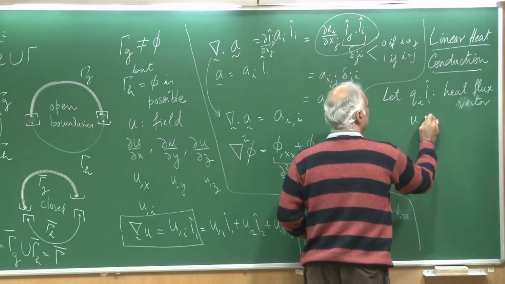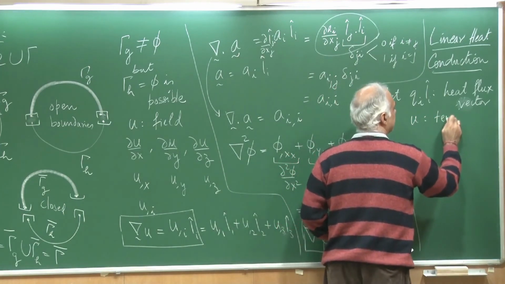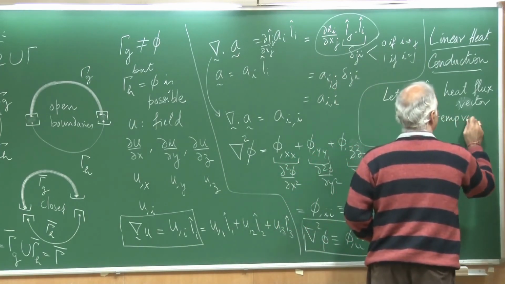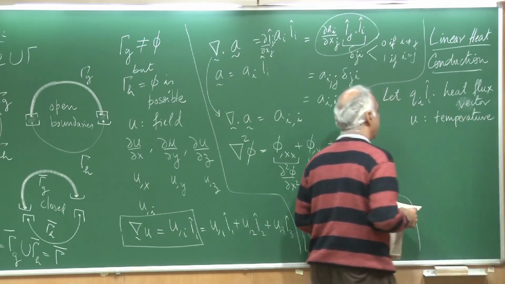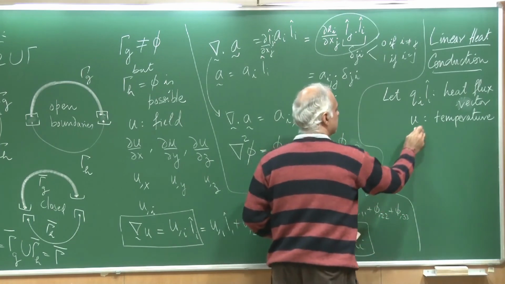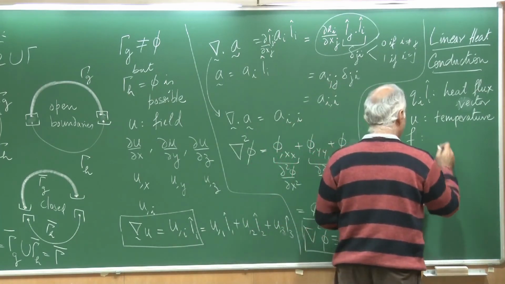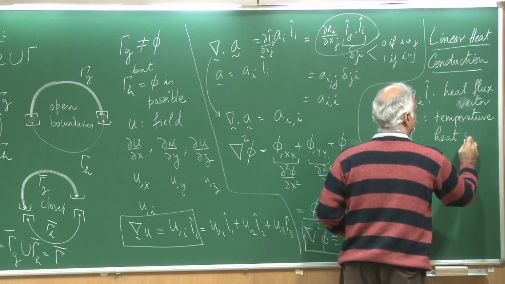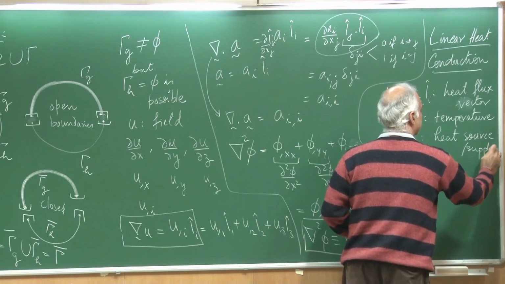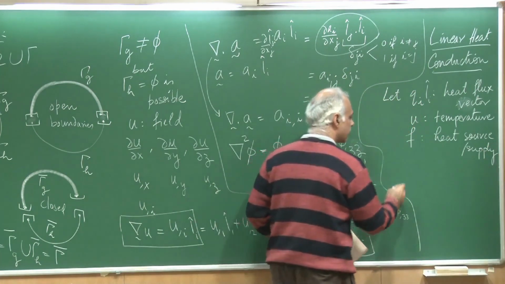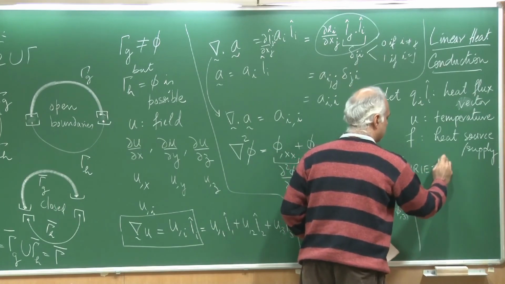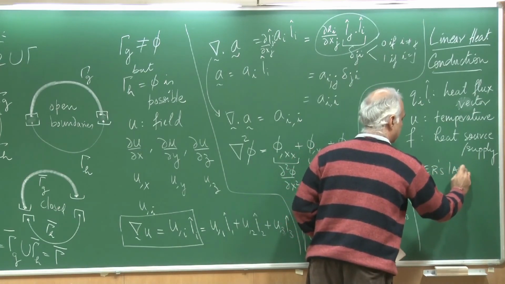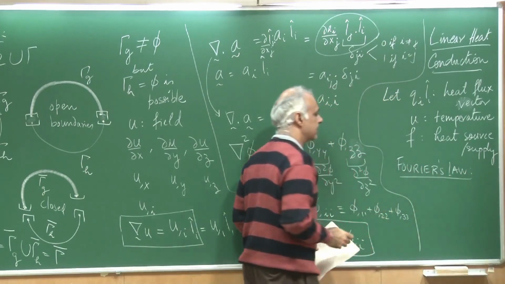U we are going to denote for the temperature. And we are going to use the notation F as the heat source, or for that matter the heat supply. We also know Fourier's law of heat conduction.